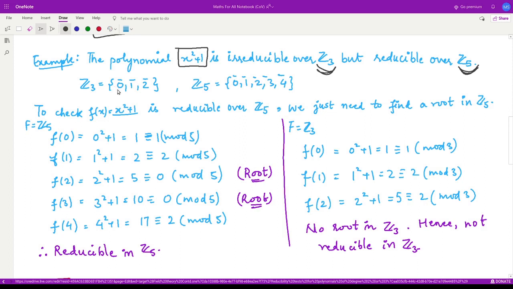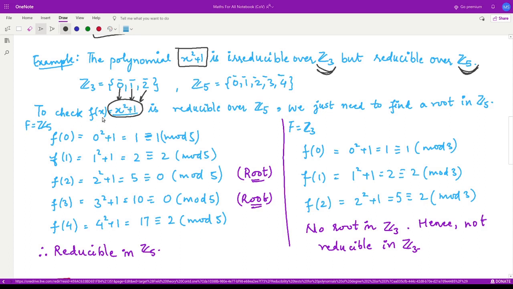So now to check whether this polynomial has a root in the given field, you need to check whether 0 is a root of this, whether 1 is a root of this, or whether 2 is a root of this. What does that mean? That means when you substitute this value in place of x into this equation, whatever is your answer, if it is 0, you say that it is a root, otherwise it is not. So let us get started.